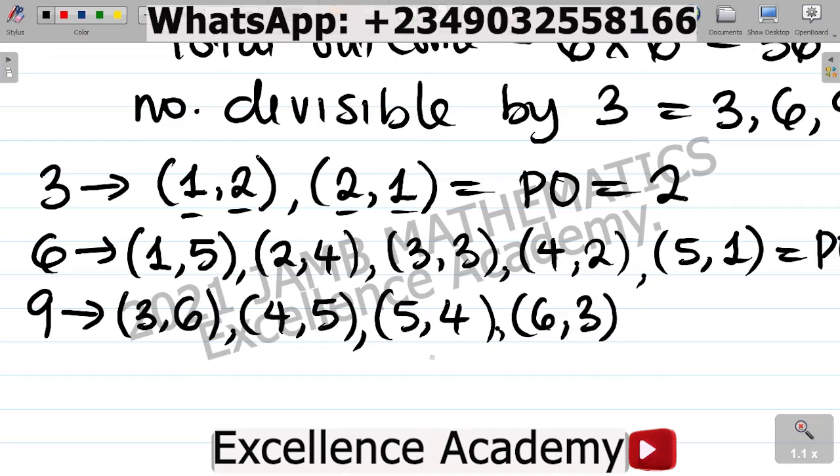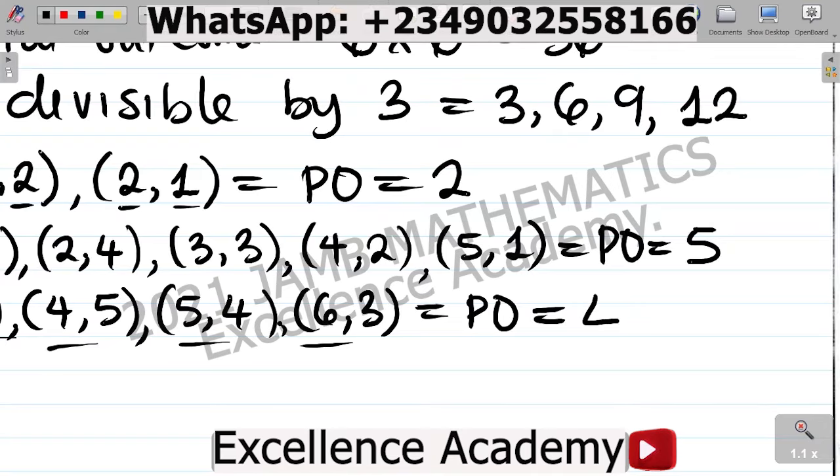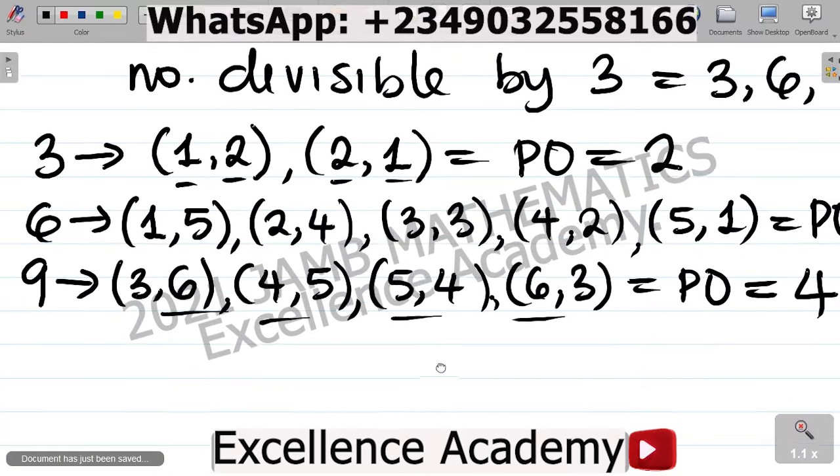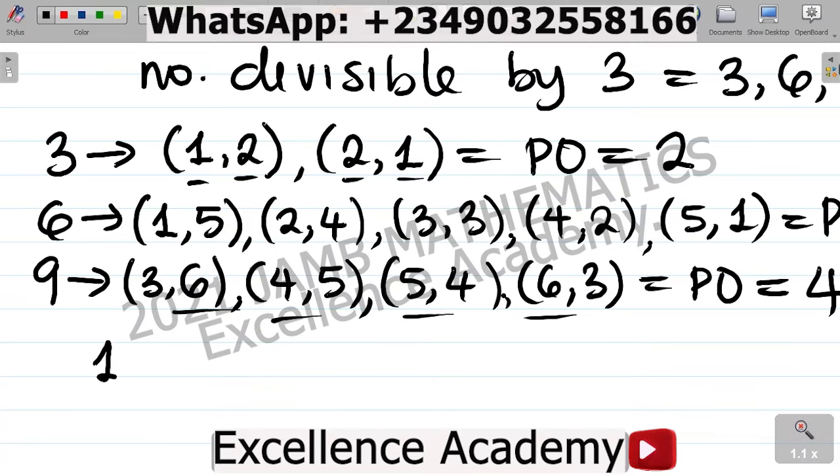These are the only possible ways I could get 9. So PO, possible outcome, I have 1, 2, 3, 4. It's only 4 combinations. So possible outcome is 4. Finally, let's do 12. If I have 12, what and what can combine to give me 12?